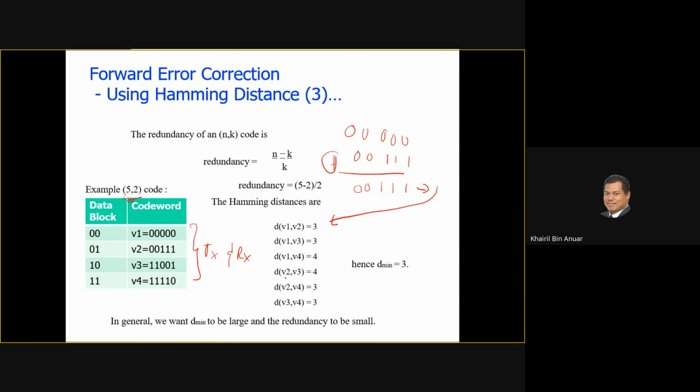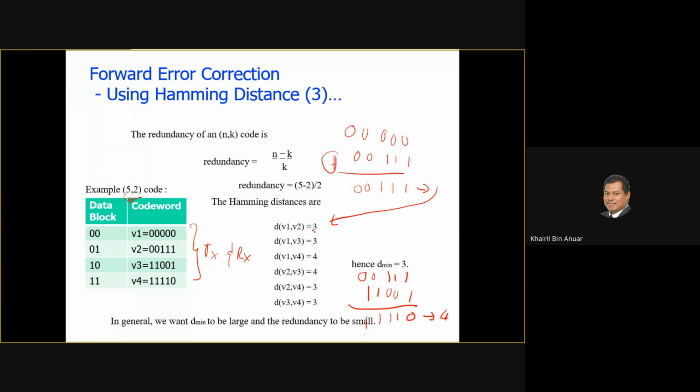How about V2 and V3? V2 is 0, 0, 1, 1, 1 and V3 is 1, 1, 0, 0, 1. So the XOR is 1, 1, 1, 1, 0. Now you have a distance of 4 between them. So now you can see that you can actually compare all the distances, one by one, for the code words.